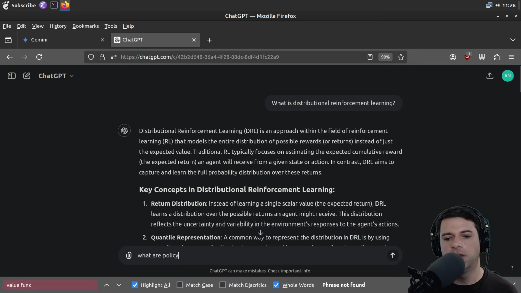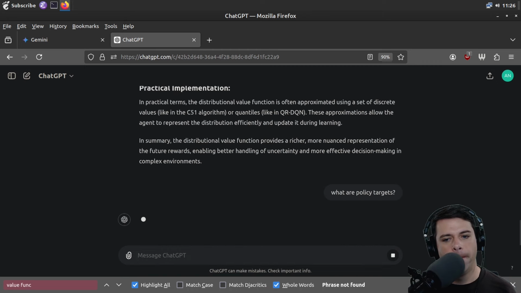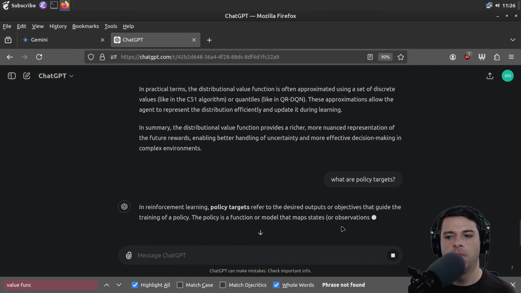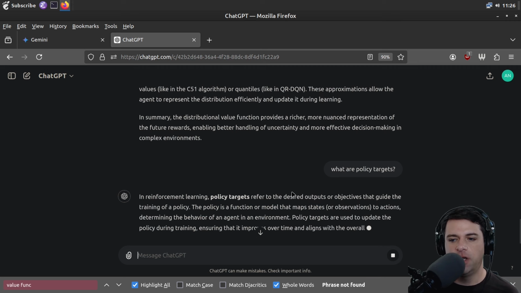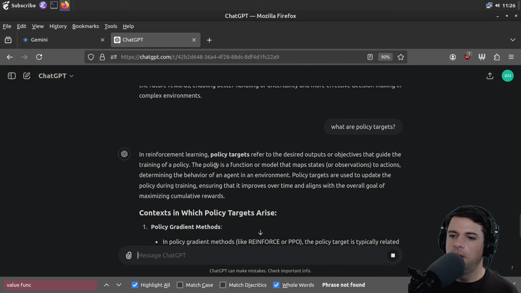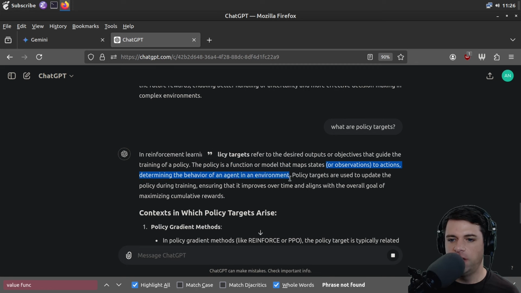What are policy targets? They refer to the desired outputs or objectives that guide the training of a policy. The policy is a function or model that maps states or observations to actions, determining the behavior of an agent in an environment. So the policy is just the map from states to actions.